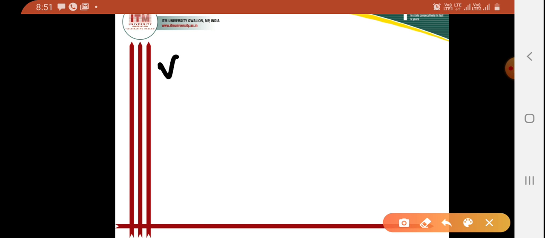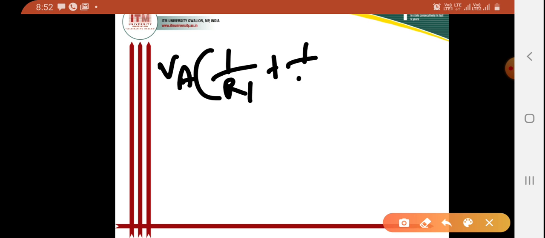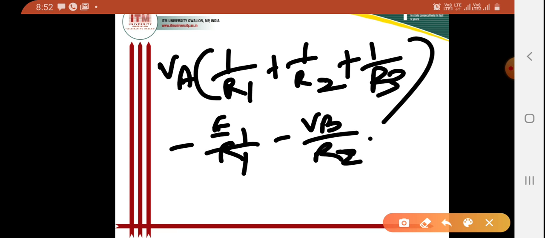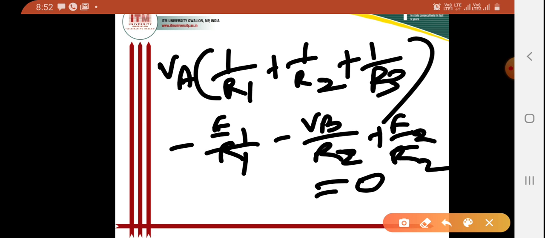Now after simplifying, I can write VA whole into 1 by R1 plus 1 by R2 plus 1 by R3 minus E1 by R1 minus VB by R2 plus E2 by R2 will be 0. Clear? It is exactly the same expression as given under the first case.